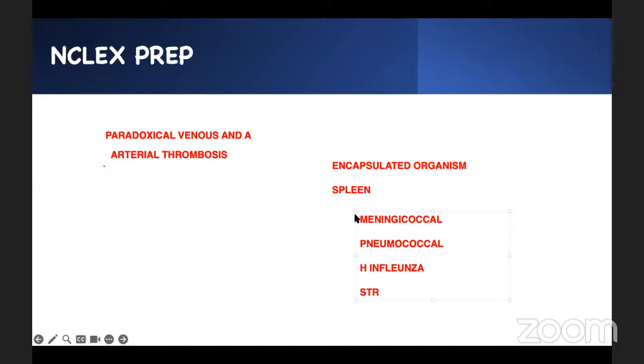Some people will also get streptococcal. So these are common encapsulated organisms that are deadly. They're really bad organisms.